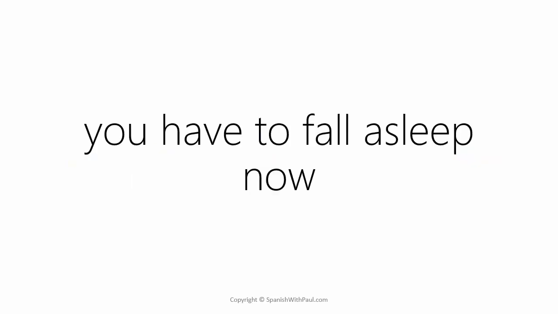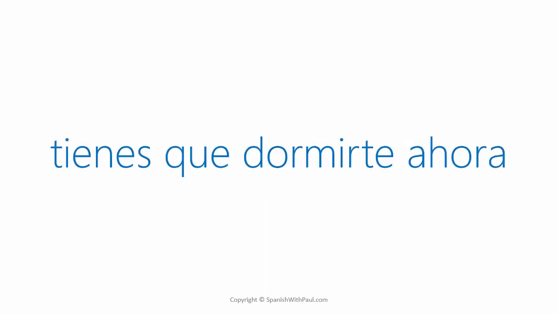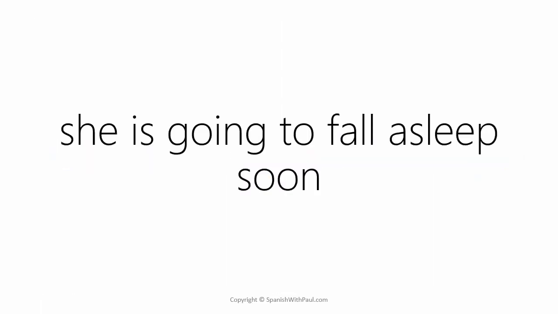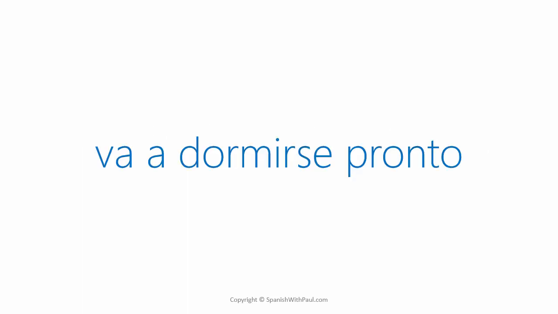You have to fall asleep now. How would you say that? Tienes que dormirte ahora. So literally, you have to fall yourself asleep, right? It's reflexive. Tienes que dormirte ahora. She is going to fall asleep soon. Va a dormirse pronto.